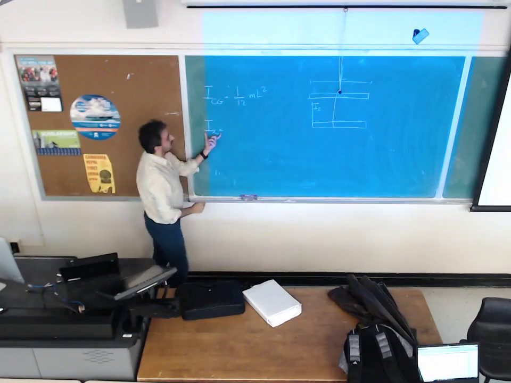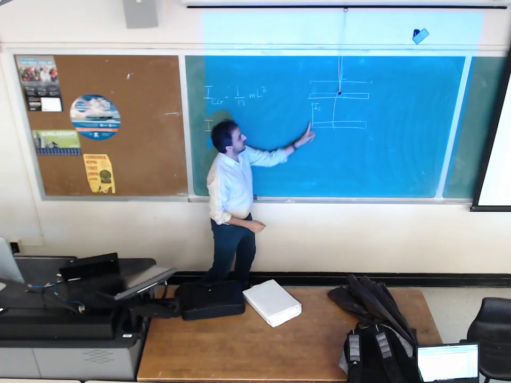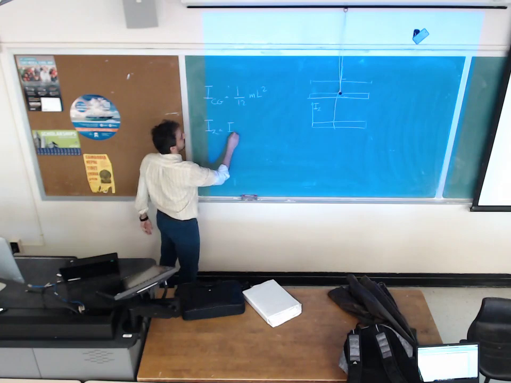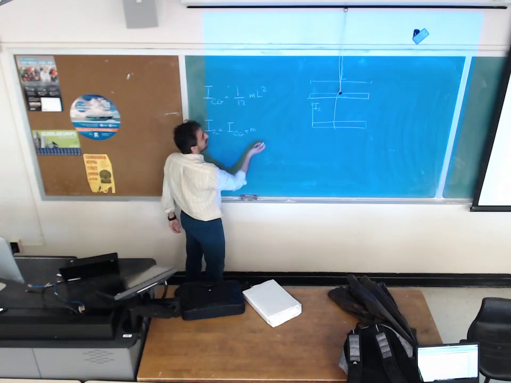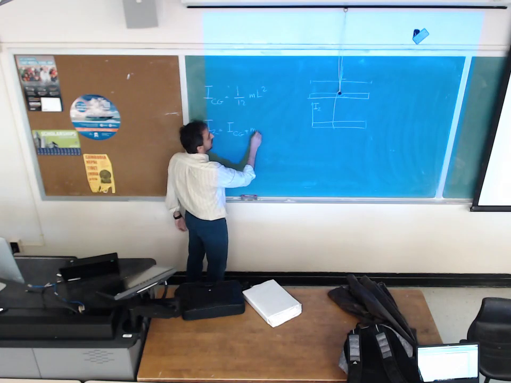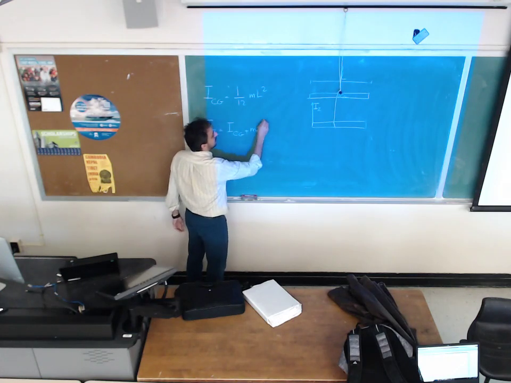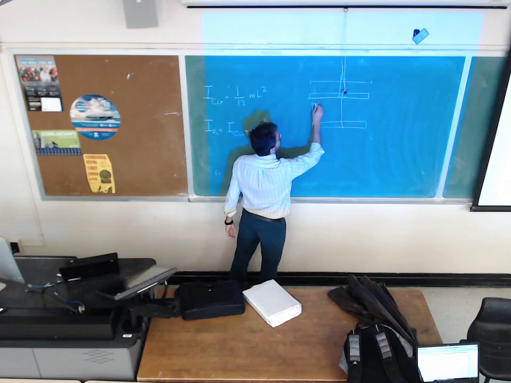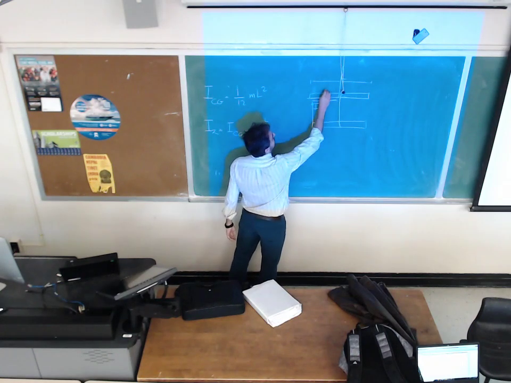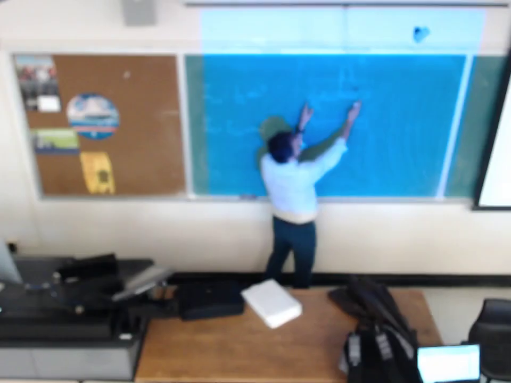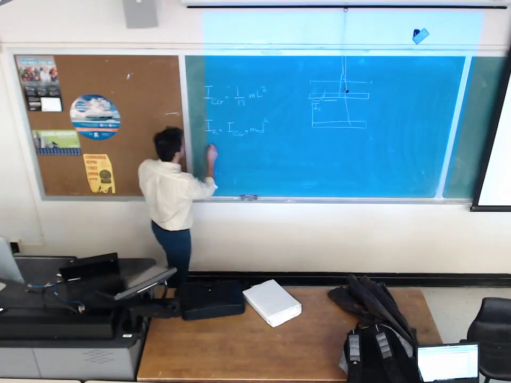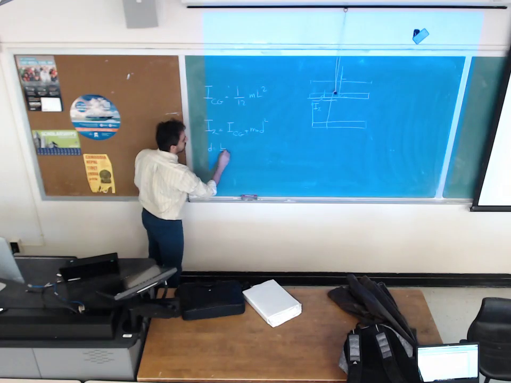So I with respect to the new axis is gonna be the I with respect to center of gravity plus mass, whatever is the mass of the rigid body, times d squared. D is the distance between two axes. In this case, d is half of L. So d squared would be half of L, squared.